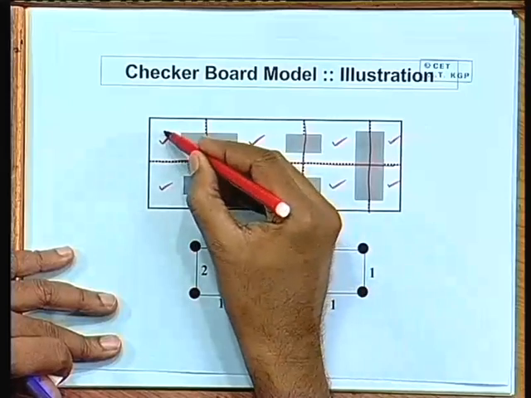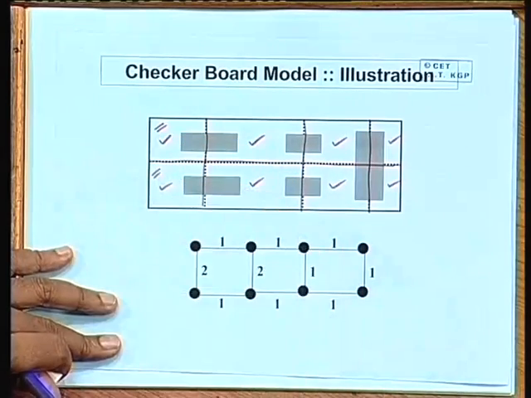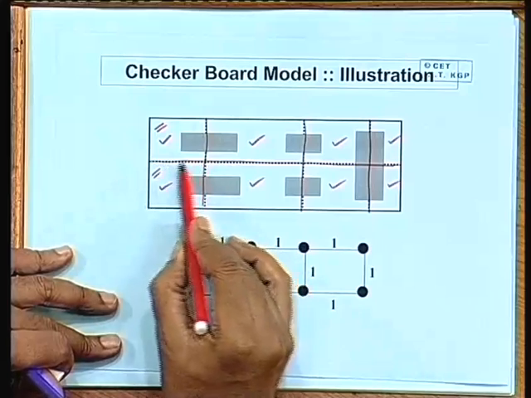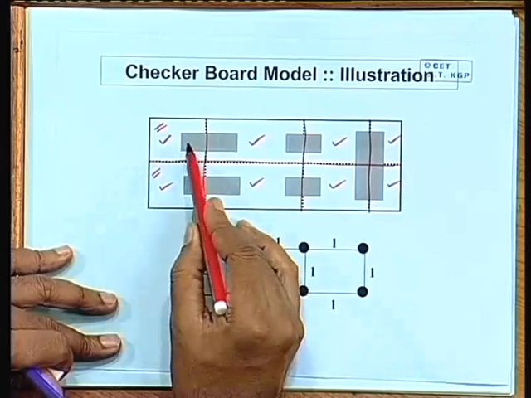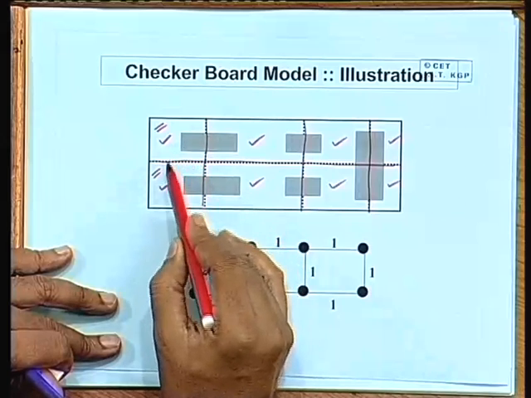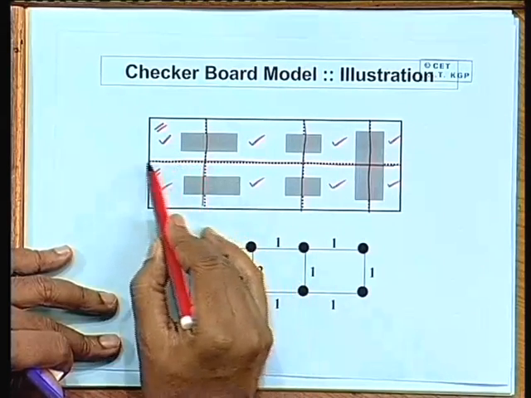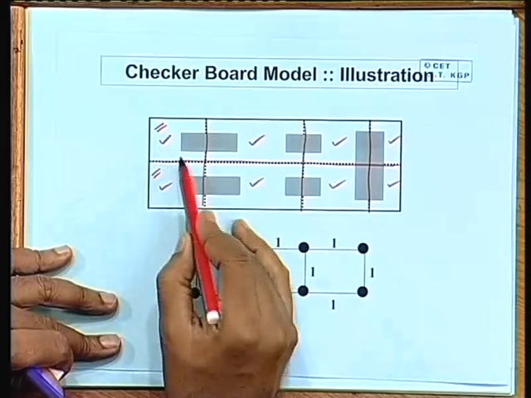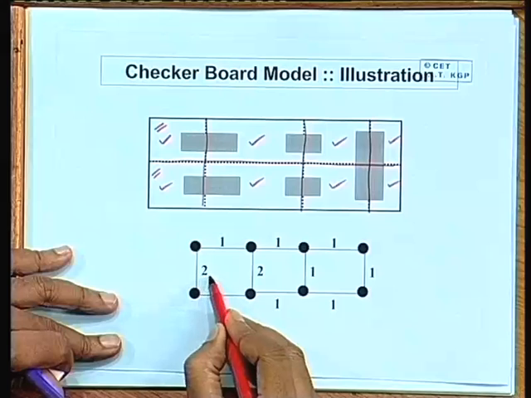Suppose between these two regions, let us consider this region and this region, the boundary between them is not obstructed. There is no obstacle partially blocking the boundary, which means that the routing capacity of this boundary is maximum. That is why we give a weight 2 to this edge.